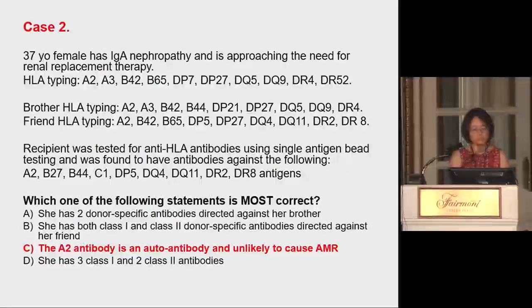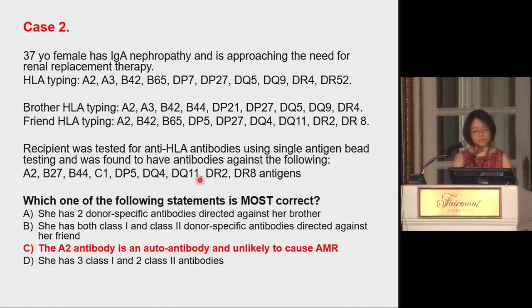Okay. So this case was used to illustrate that. As you can see, the recipient has these particular anti-HLA antibodies, okay? If you look, they have an A2, they have a B27, a B44, etc. Her brother did have a B44, and she did not, so that's 1 donor-specific antibody.